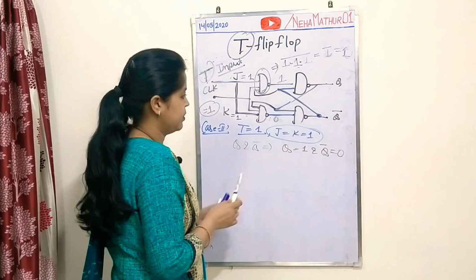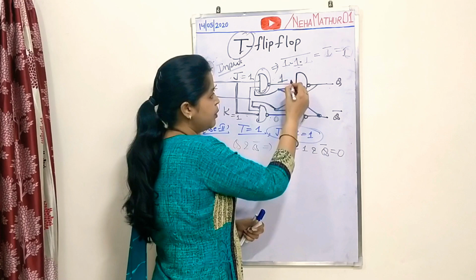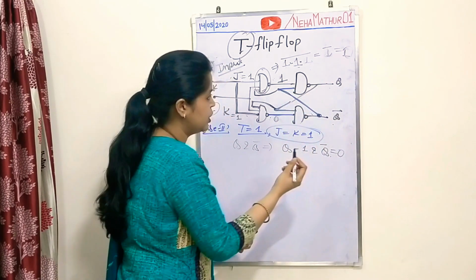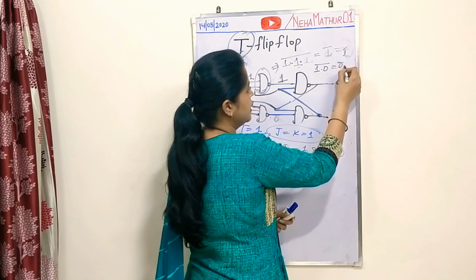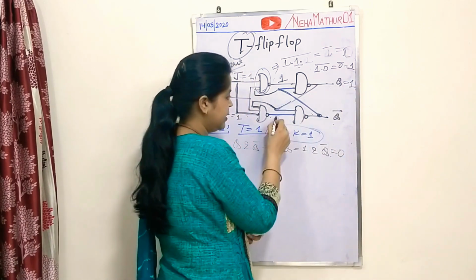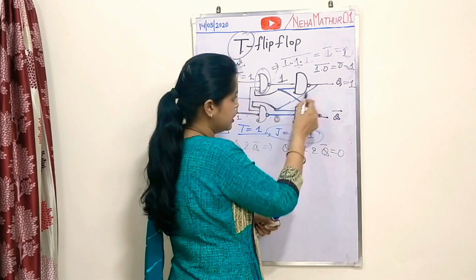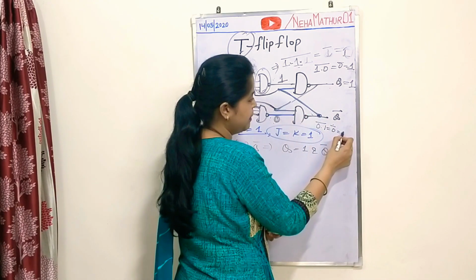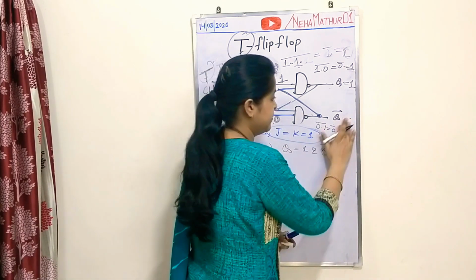See, now for this NAND gate you have one input as 1 and your second input is Q bar, which is 0. So it will be 1.0, with its complement, that means 1. While here one input is 0 and your second input is 1. So 0.1, that means 0, and its complement will be 1. So your Q bar is 1.